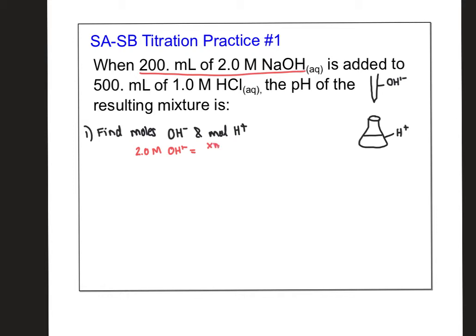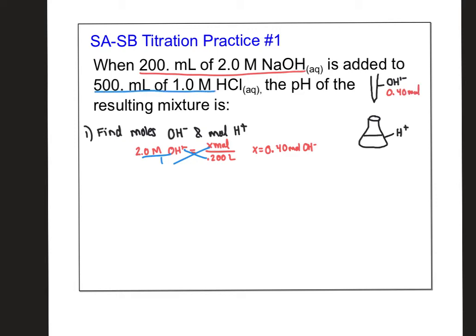I want to know the moles, and it's 200 mL, which is 0.2 liters. If I cross multiply these, put this over 1, crisscross, that gives me X equal to 0.40 moles of hydroxide. So I'm adding 0.40 moles.